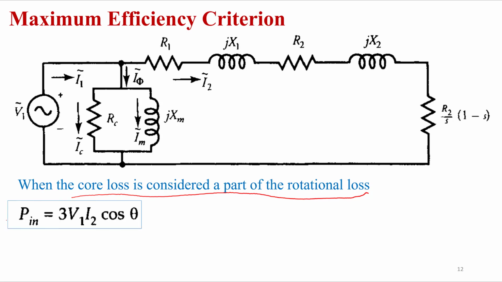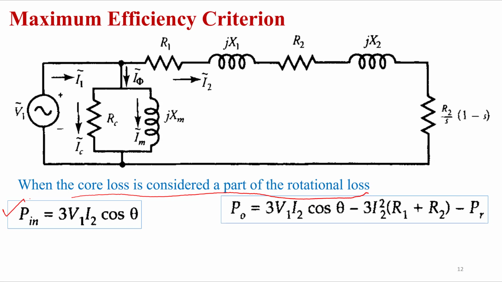Then your input power to the induction motor I can write as 3V1I2 cos theta. Then your output power will be input power P_in minus stator copper loss minus rotor copper loss, then minus P_R, the rotational loss, which includes the core loss as well.